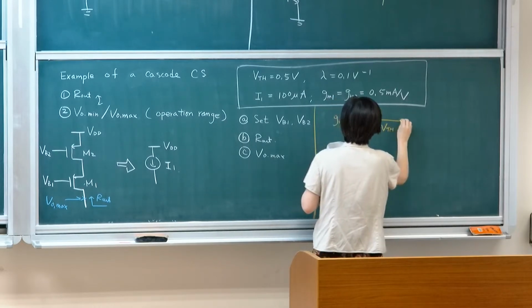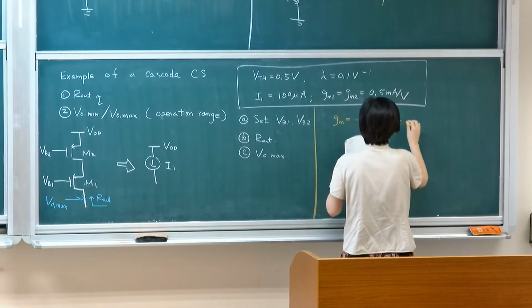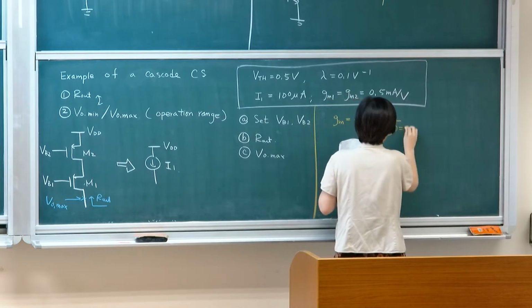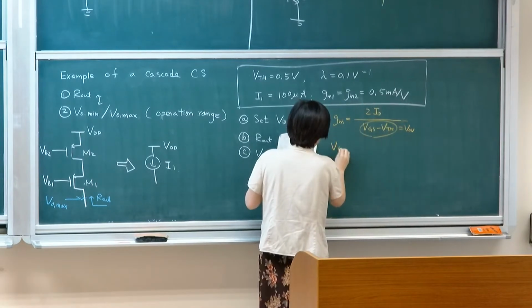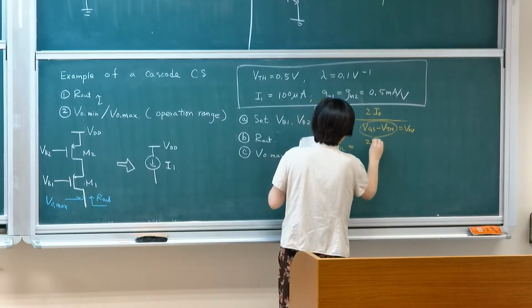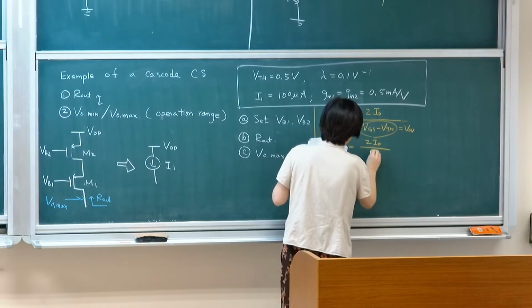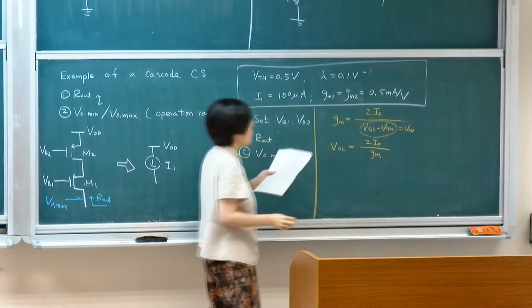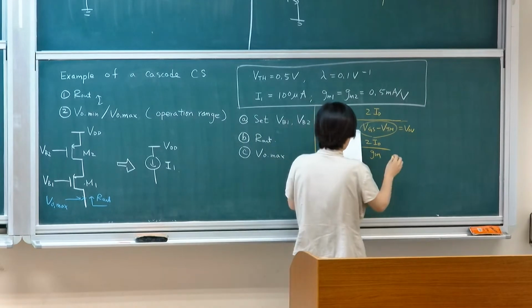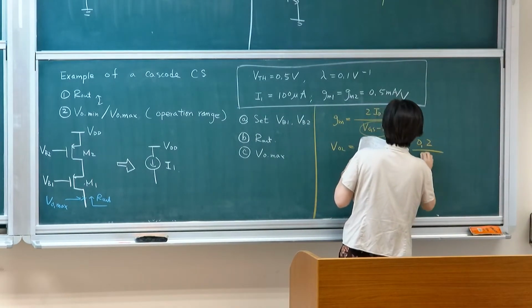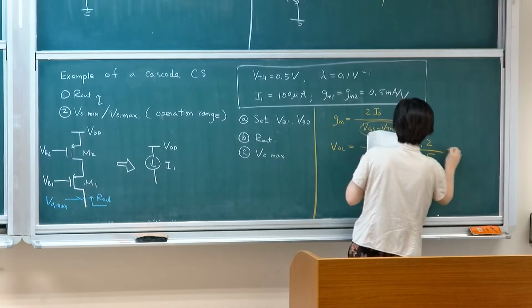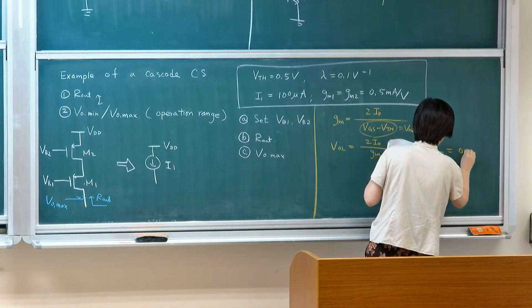That's my overdrive, VOV. So we know that my overdrive will be determined by ID divided by GM. Because the GMs are known, current is known. So this is 0.2, and this is 0.5. This will give me 0.4 volt.